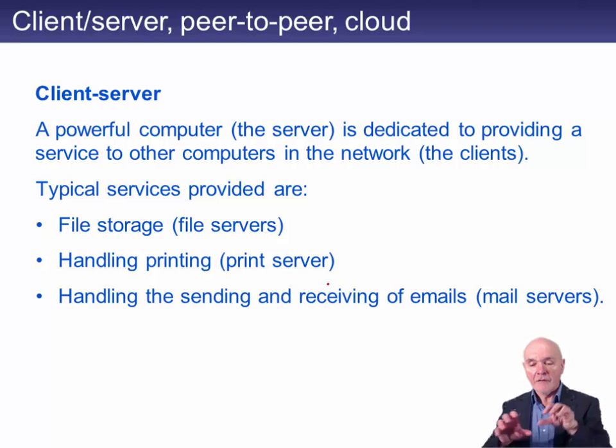Then you have other computers attached to it, which have their own processing power. But they can download data from the centralized server. The disk server, the file server, serves the clients, the individual computers which each member of staff might have.